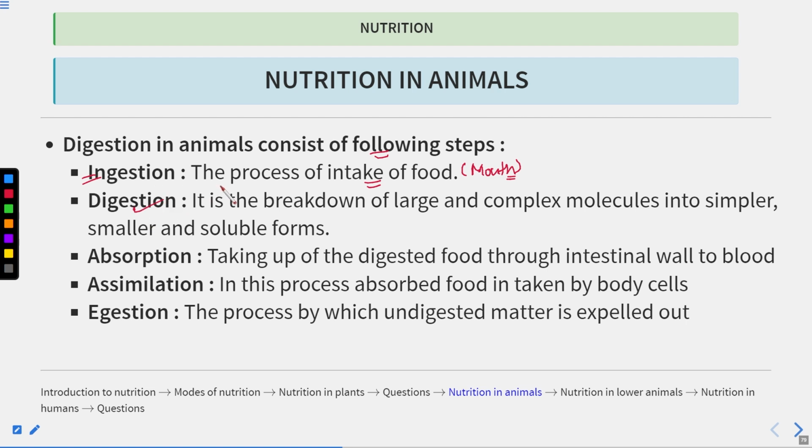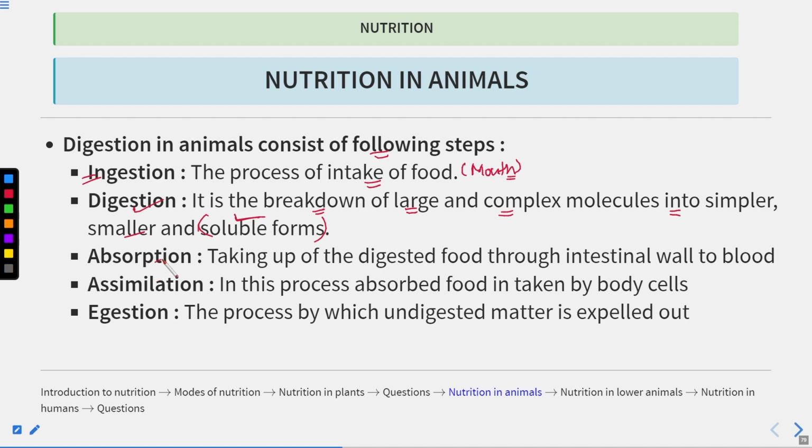So what is digestion? It is the breakdown of large and complex molecules into simpler and smaller molecules that can be absorbed in the body. So how can you define digestion? It is the breakdown of complex molecules into simpler molecules that are then available for absorption.